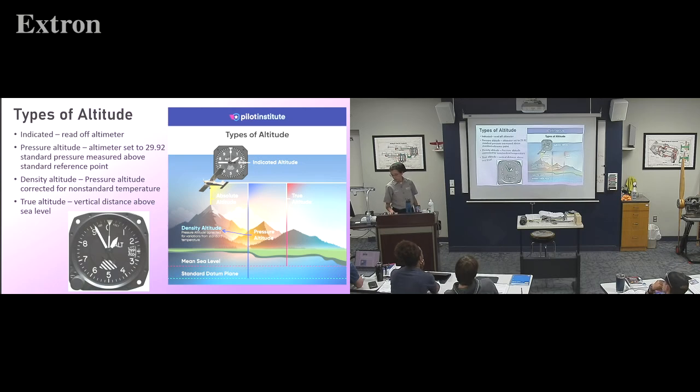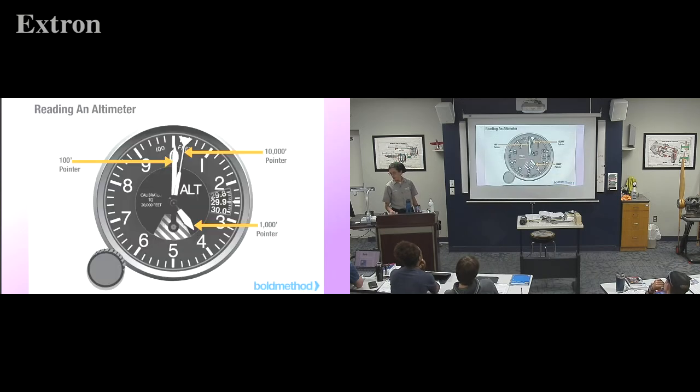So I want to show you how to read an altimeter. You're going to be doing this for your lab. I might not have the PowerPoint open for your lab, but some of them will have this little skinny pointer with kind of a triangle at the end. That's your 10,000 foot pointer.